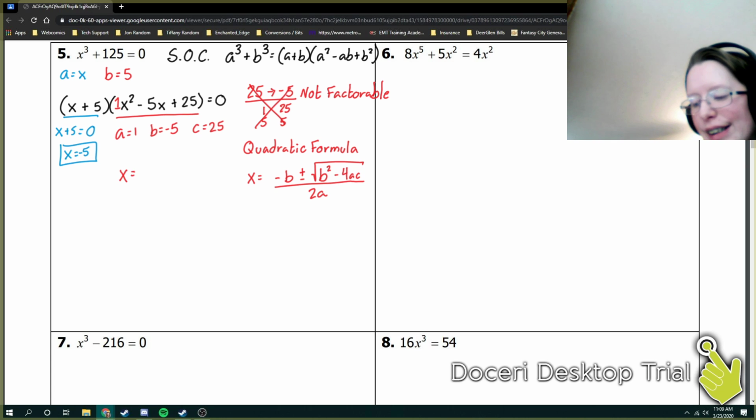X equals, the negative boy, so positive 5, plus or minus the square root of b squared, so 5 squared is 25, minus 4 times a times c. So I want to figure out 4 times 1 times 25. 4 times 1 is 4. 4 times 25 is 100.